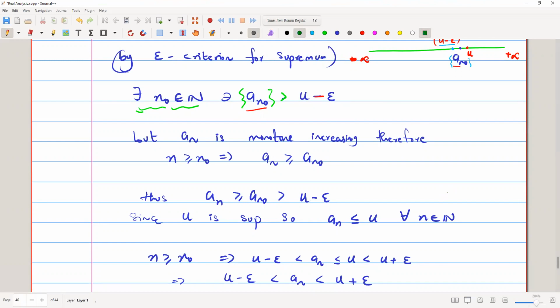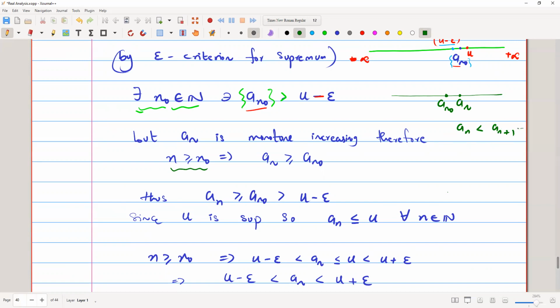We know that it's given in the condition, which means that n is greater than or equal to n naught, right? If we have some number a n naught here, then a n will be greater than this a n naught, because for monotone increasing sequences, a n is less than a n plus 1, is less than a n plus 2, and so on.